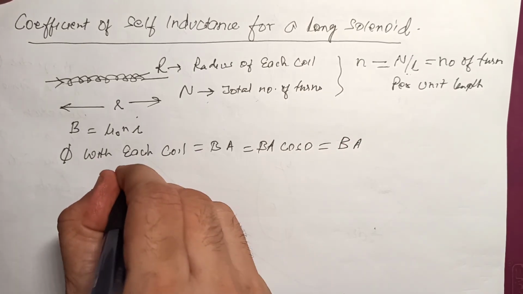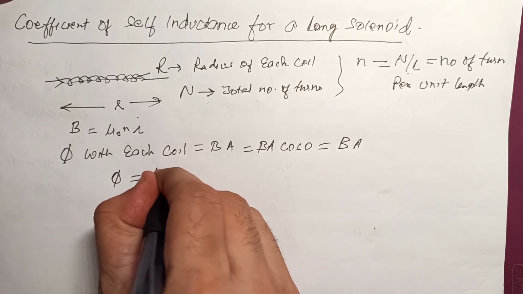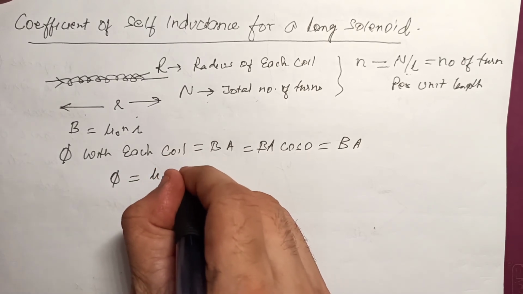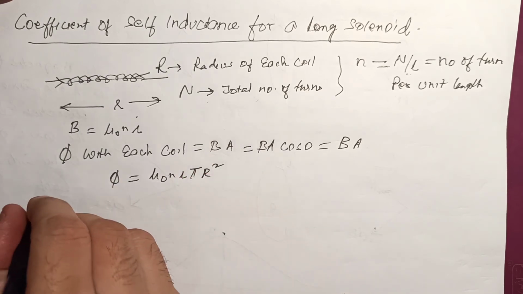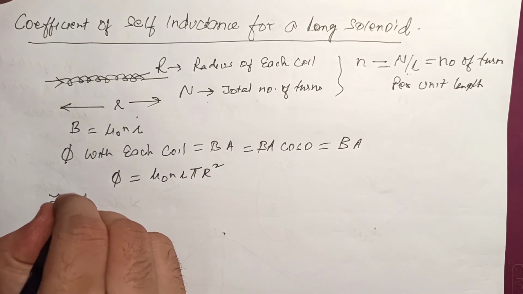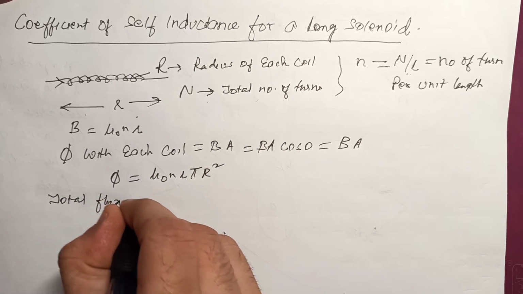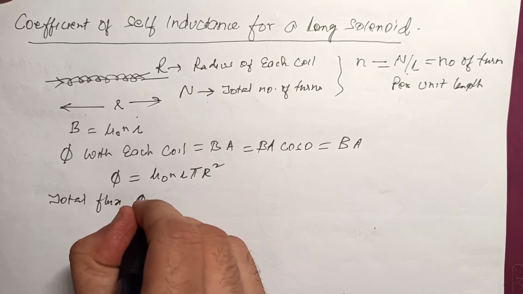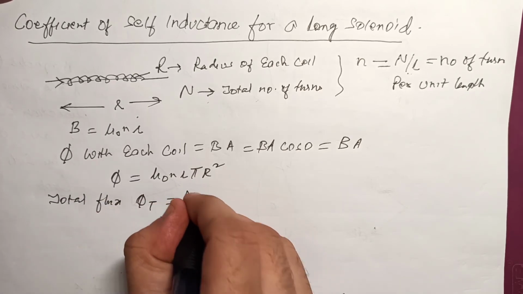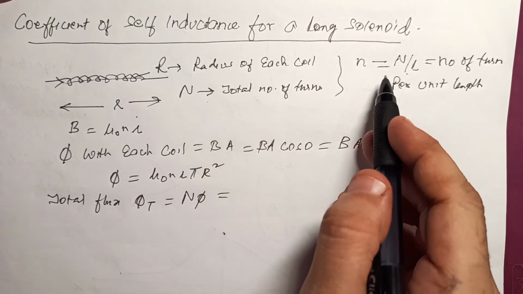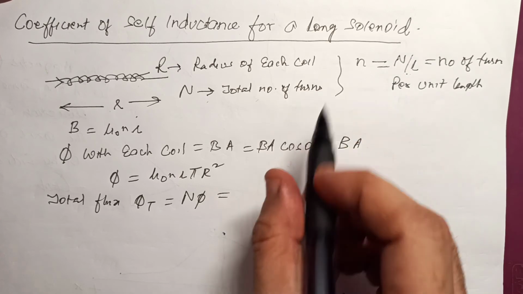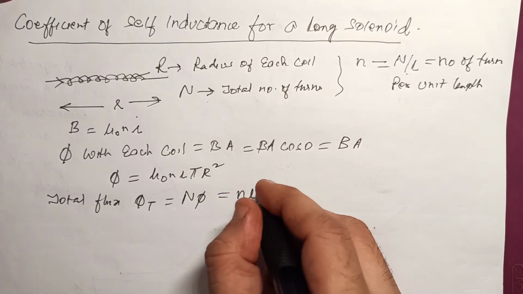Now phi is equal to mu naught n i pi r squared. Total flux, let's talk about total flux now. Let's denote it by phi t is equal to N phi. Now N is nothing but n L, correct?